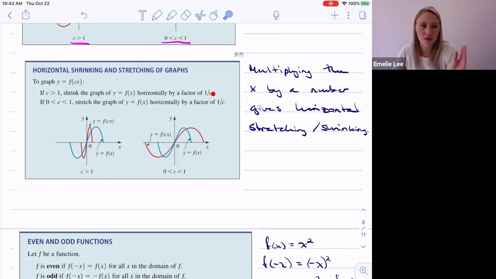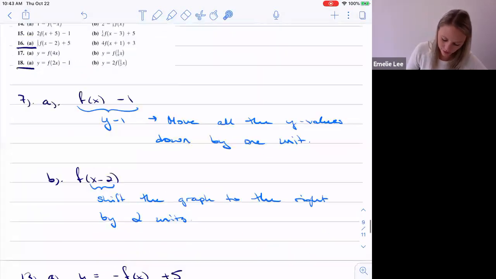Right? So all your x's are going to become x over 2. Right? So now it's going to shrink the graph.